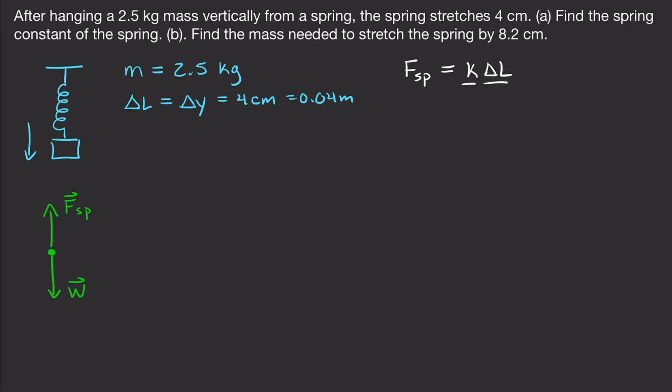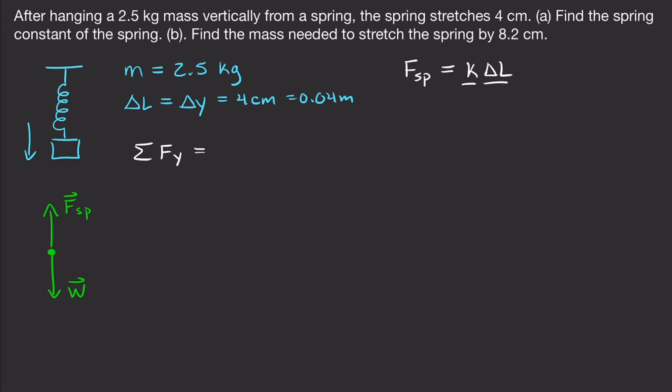So in this case I just looked at the picture and knew, since the spring was stretched downward, that it's going to be positive in the positive Y direction. Okay, and then if our spring was horizontal, delta L would correspond to delta X. Okay, so now that I have this, I'm ready to do Newton's law and sum up the forces.